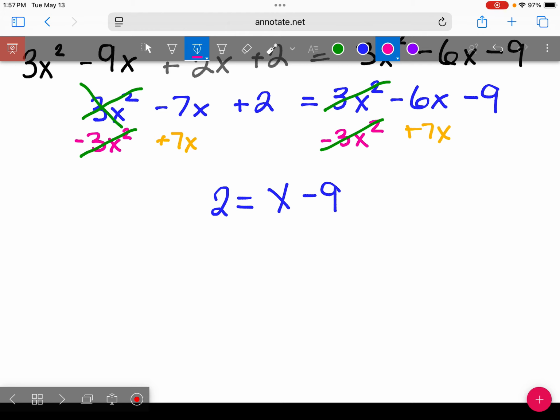Add 9. Add 9 to both sides. Once those x squareds canceled out, we don't need to aim for 0 anymore. We're just trying to get x by itself. So we get that x equals 11.